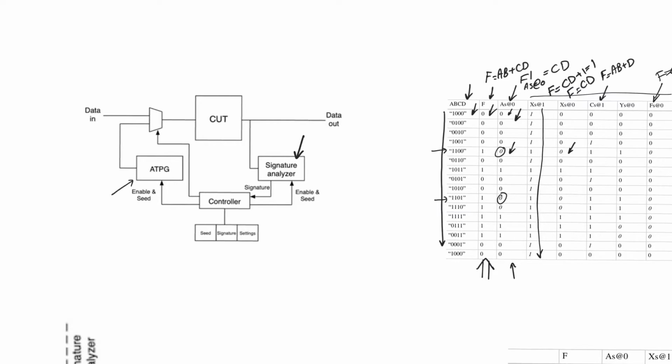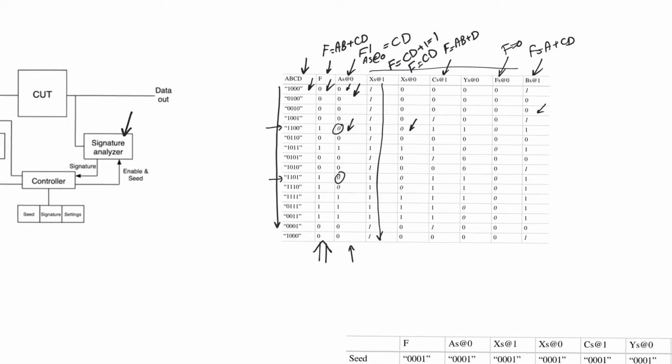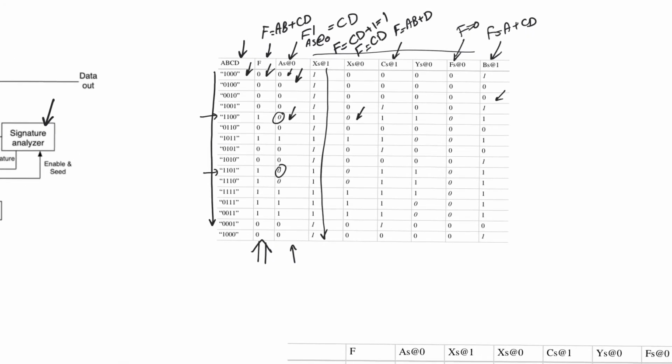It's just that a built-in self-test is not only supposed to apply the input vectors to the circuit under test, it's also supposed to make a decision about whether the circuit is working properly or not. So the simplest way in which it can do this is that it can compare the outputs to the gold standard and just give us feedback about yes or no, the circuit is working properly, we have a bit match, or no, the circuit isn't working properly and we don't have a bit match.